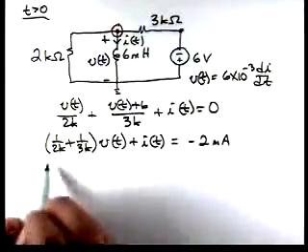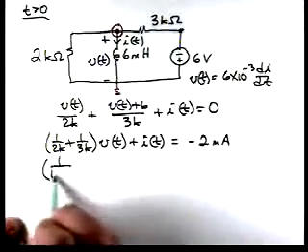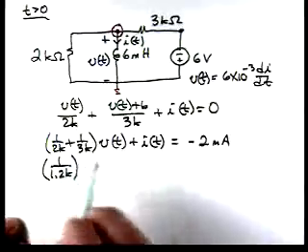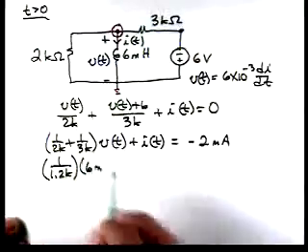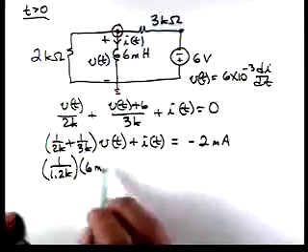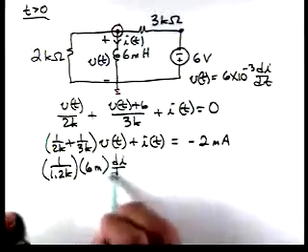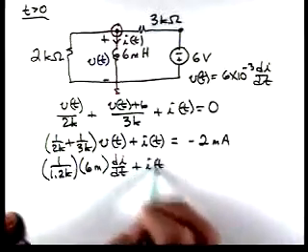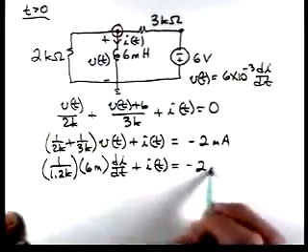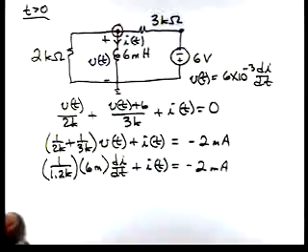So now let's substitute that in. We'll get 1 over 1.2k times 6 millihenries times di/dt plus i(t) is equal to minus 2 milliamps.